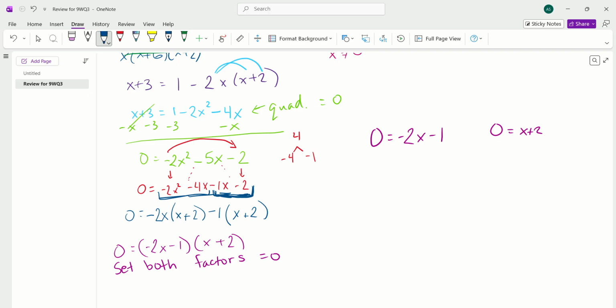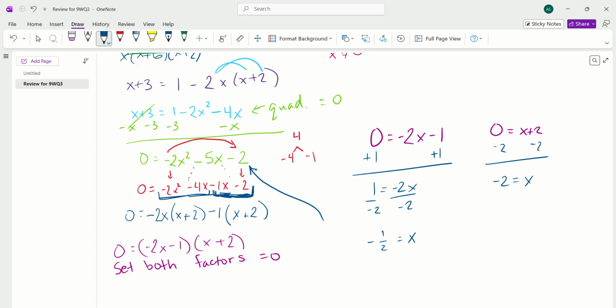Okay, then you just have to solve for x. So I'm going to add 1 to both sides. 1 equals negative 2x. Divide by negative 2, divide by negative 2. And you get x equals negative 1/2. And x equals negative 2.